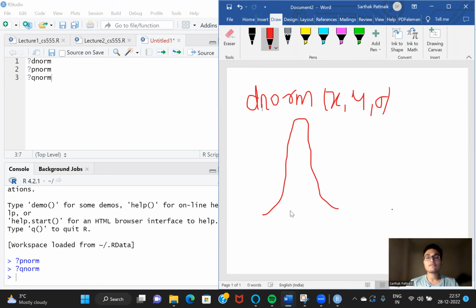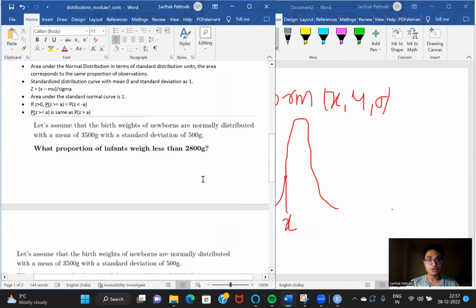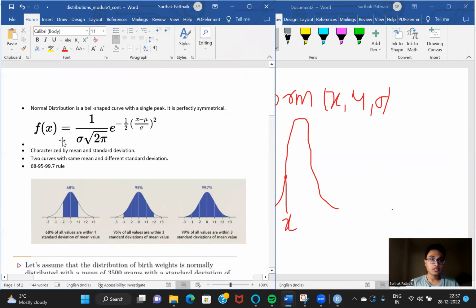So when I give this value x, right here, this is any value x, which lies within the normal distribution. Dnorm of x gives the y value or the f of x value. So the formula that we studied in our lecture on normal distribution, which is this particular formula, dnorm takes the value of x and it returns f of x. As simple as that.